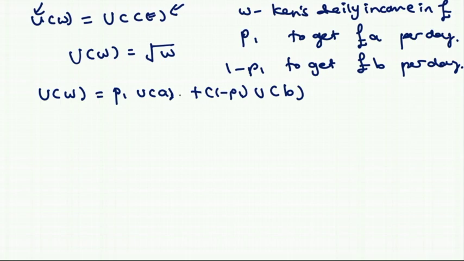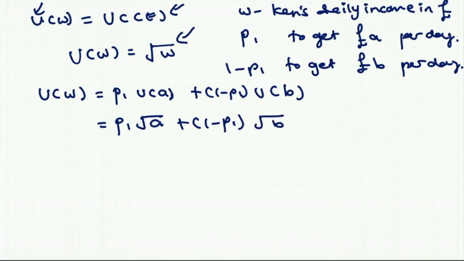Okay, so we know the utility function looks like this, and if we specify it further, we have something like this: P1 square root of A plus 1 minus P1 square root of B.